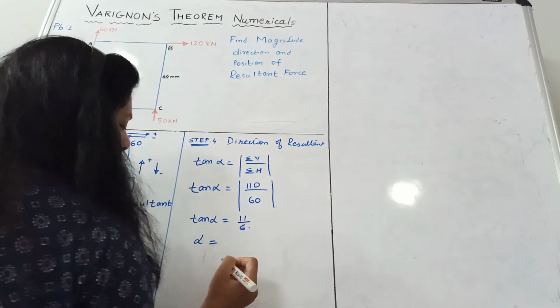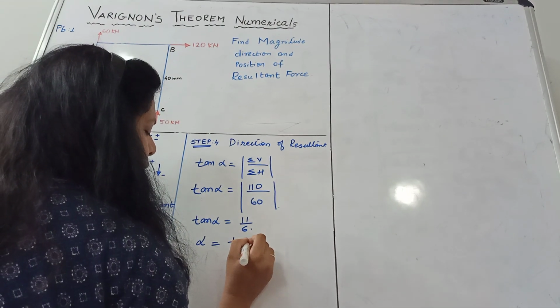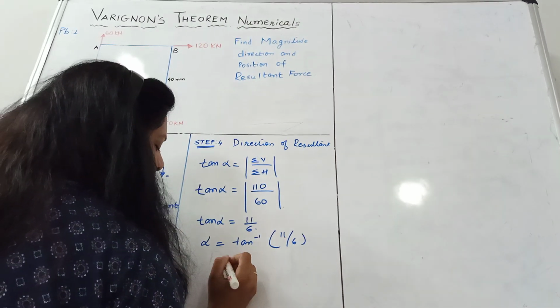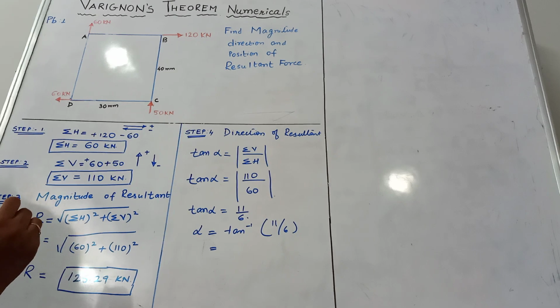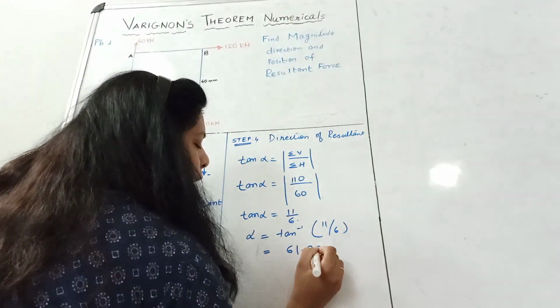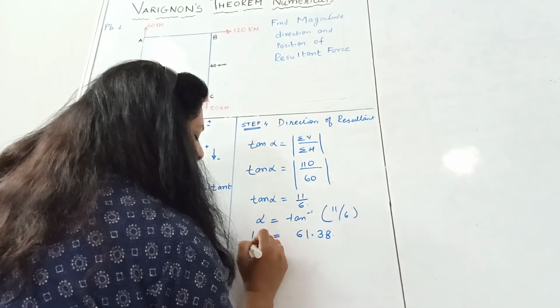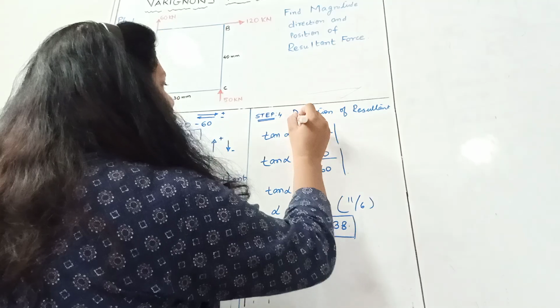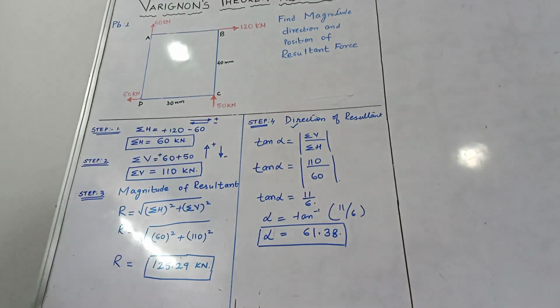So alpha is equal to tan inverse of 11 upon 6, which gives us the value as 61.38 degrees. So we have calculated the direction of the resultant force.